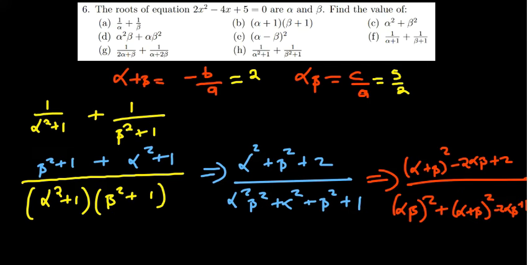So you'll be able to plug it into that and get your answer. Notice that we have that part. That's why I've put again alpha plus beta squared. I already showed how we came up with that. Minus 2 alpha beta. And then plus the 1 at the end.